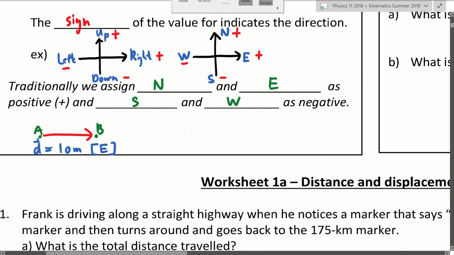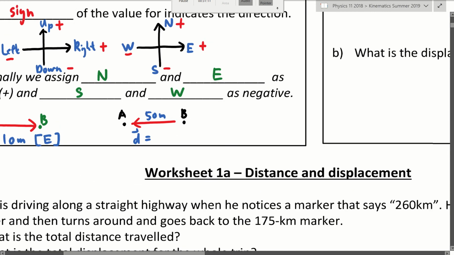Now, on the other hand, if you are going from, let's say, B to A this time, so you're going from this way to that way, and this measurement is 50 meters, then you will say your displacement is, now, okay, at this point, you actually have two options.